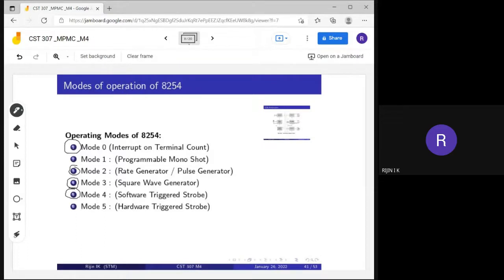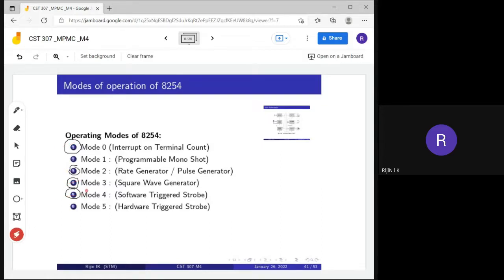Once you load the count value to the counter register and give the enable signal, that means gate signal high, then the counter will start decrementing its count value automatically in mode 0, mode 2, mode 3, and mode 4.